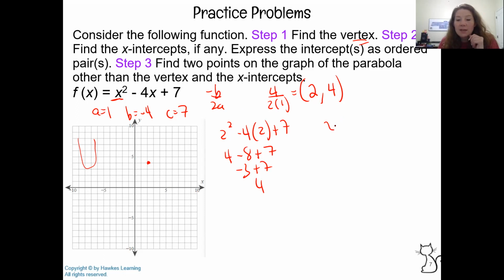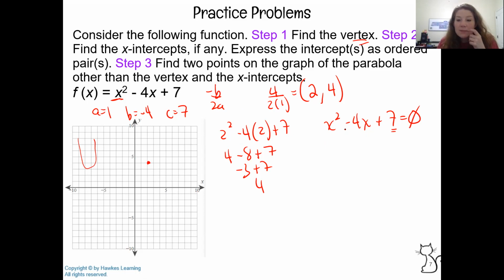So let's see what we get when we try to think of two numbers that multiply to give me 7 and add to give me -4. Well, I can't think of two numbers that multiply to give me +7 and add to get me -4. So let's use the quadratic equation.